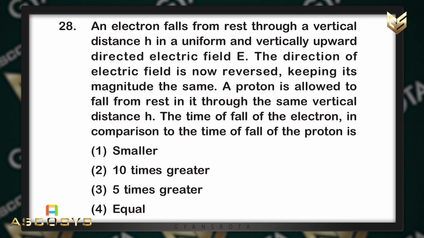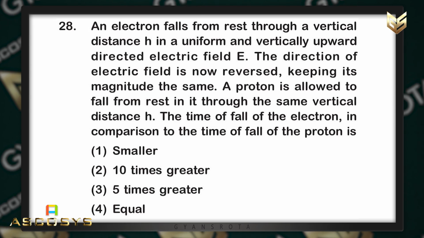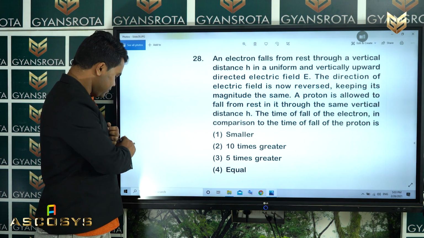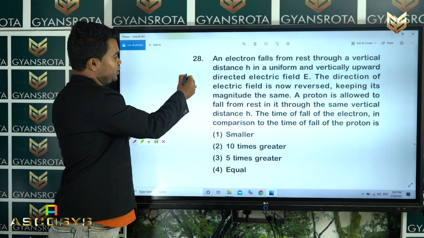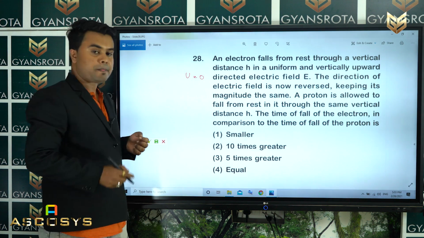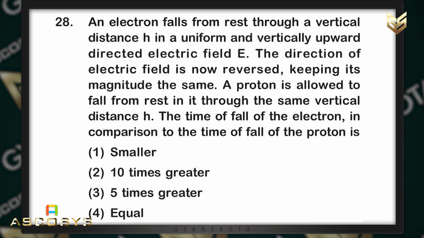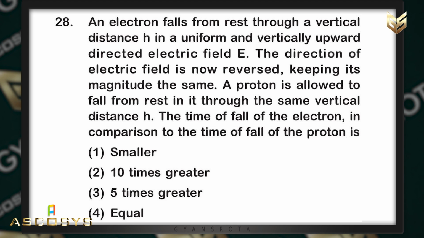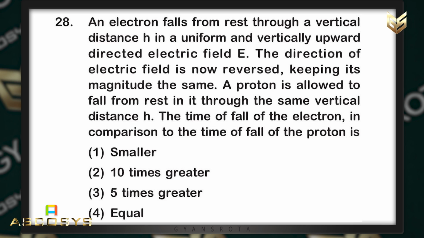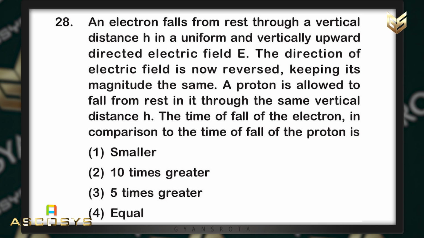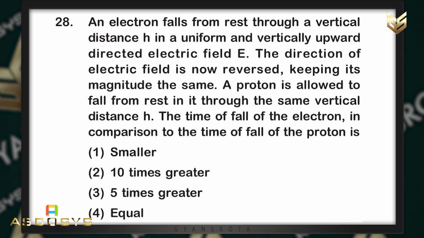An electron falls from rest, that means u equals 0, through a vertical distance of h, the distance s is given to be h, in a uniform and vertically upward directed electric field E. The direction of the electric field is now reversed, keeping the magnitude the same.